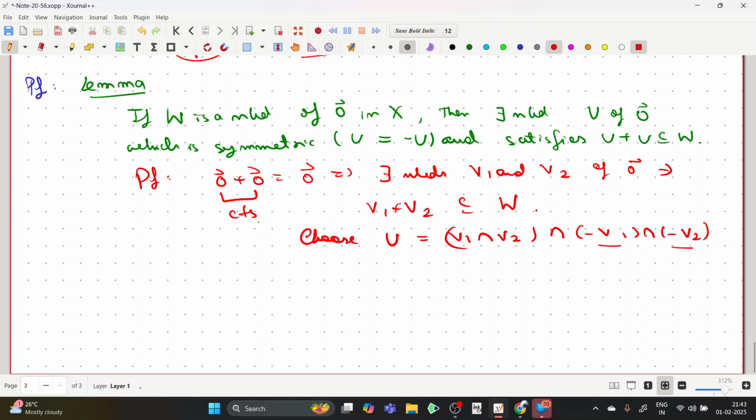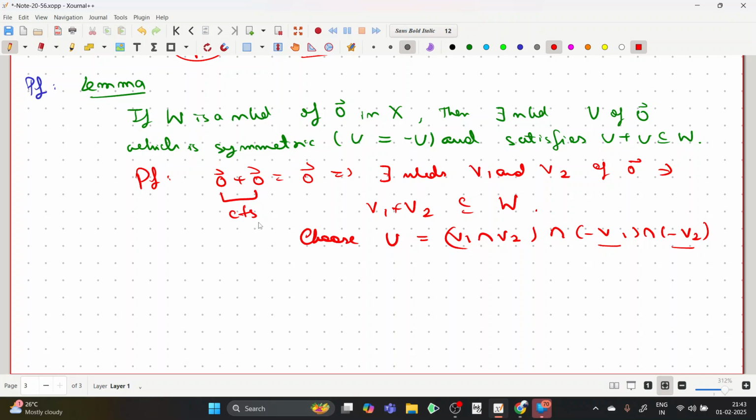These are still open because recall that we had also shown that scaling is a homeomorphism, so we are just scaling here by minus 1. I have a finite intersection of open sets, so it's open, and each of these sets contains the origin because V1 and V2 are neighborhoods of the origin itself. So U will satisfy the required properties.